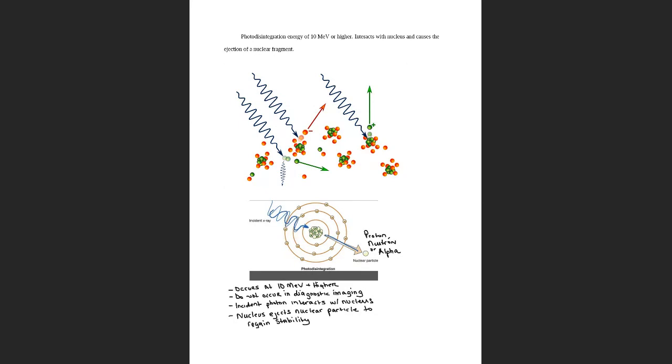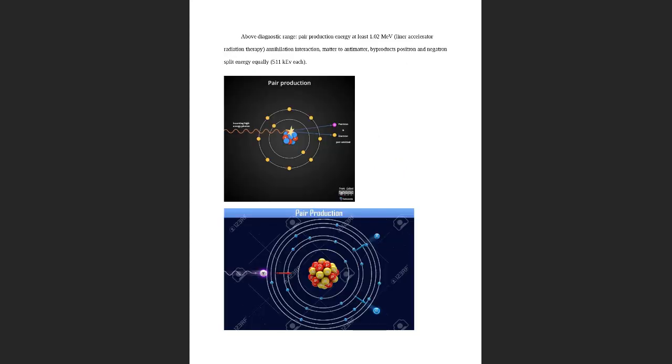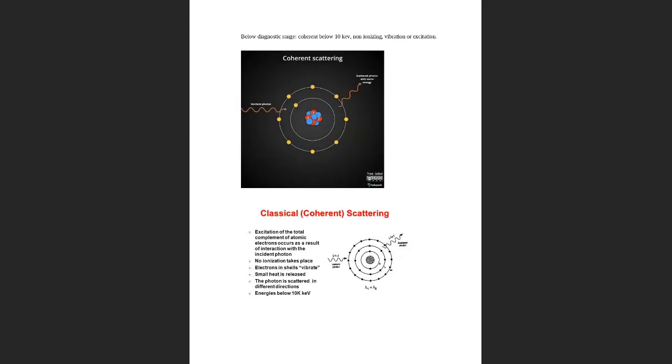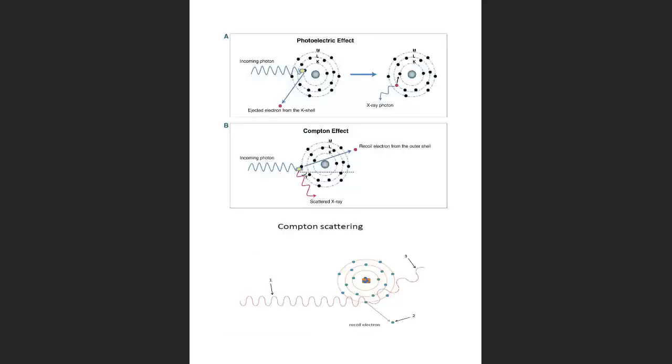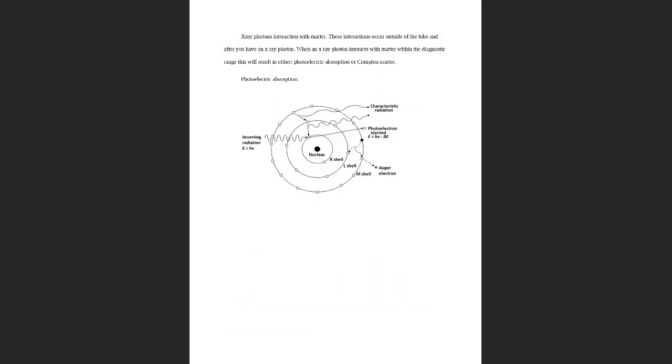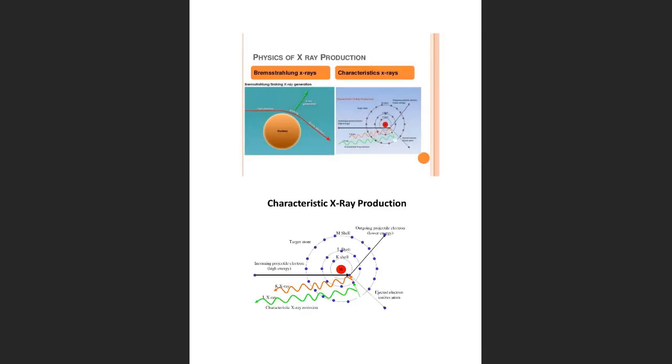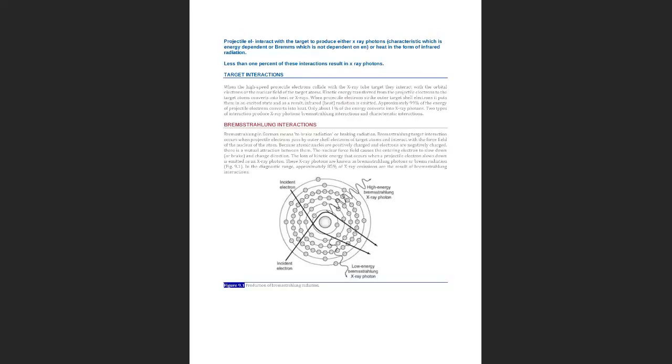So those are all interactions with matter. So they already are outside the tube. Okay, that's the most important thing to recognize, is these are X-ray interactions with matter. Whereas when we talk about Brems and characteristic, we are talking about the creation of the X-ray photon.